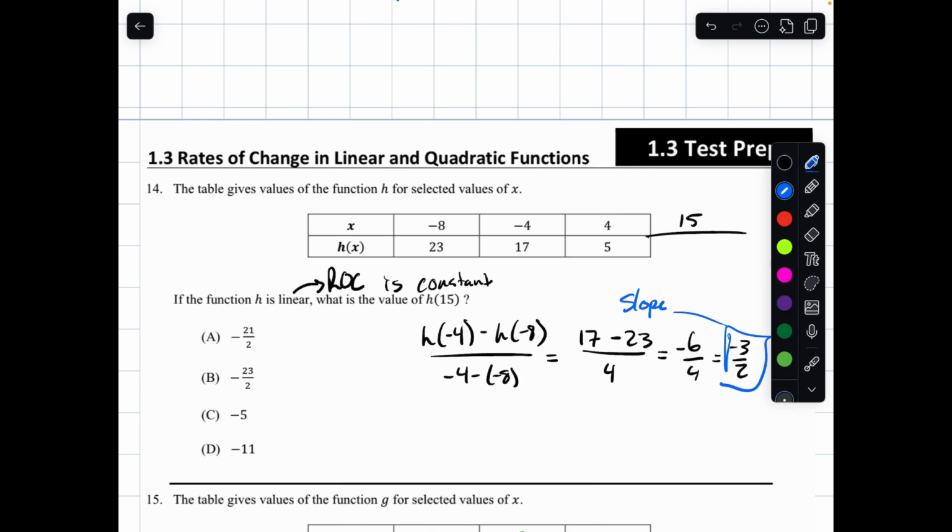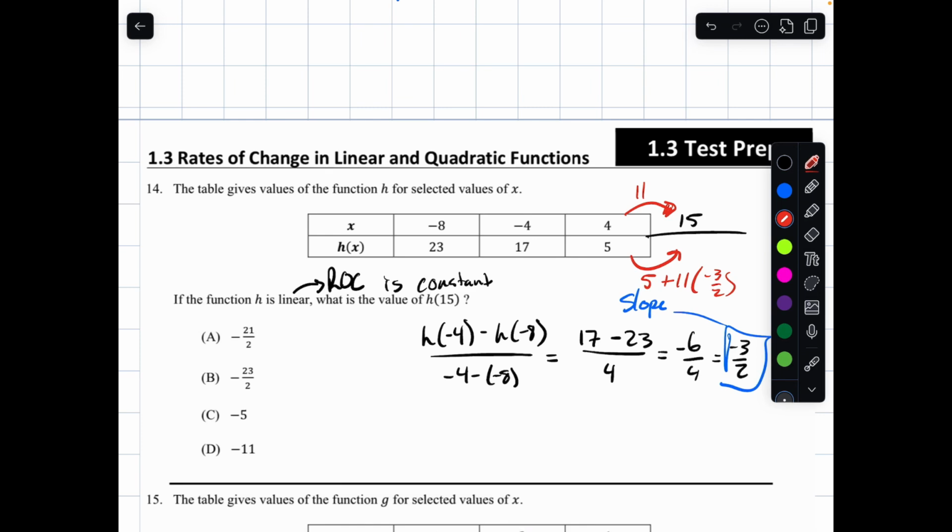It's 11. So I take 11 steps to get from here to here. So what I need to do is take 5 times 11 steps of negative 3 over 2. Or not 5 times, excuse me, 5 plus 11 steps of negative 3 over 2. And that will give me my answer.